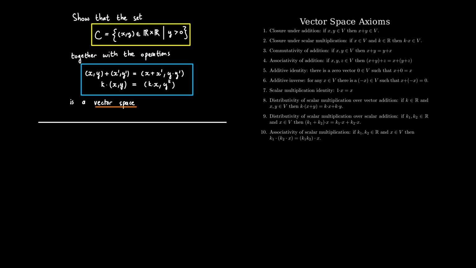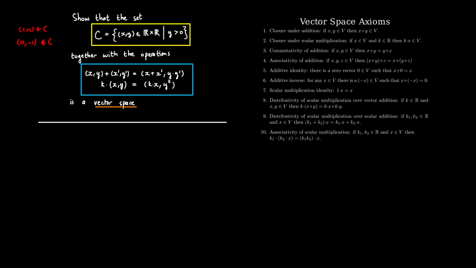Okay, so let's try to understand what's going on here. So first things first, we have a specific set, C, and what is it? It consists of all pairs of numbers, x, y, where the y component is positive. So for instance, 1, 2 is in C, but let's say 0, -1 is not in C.